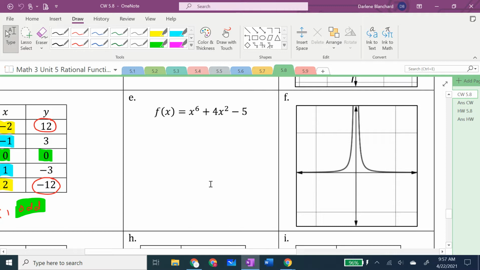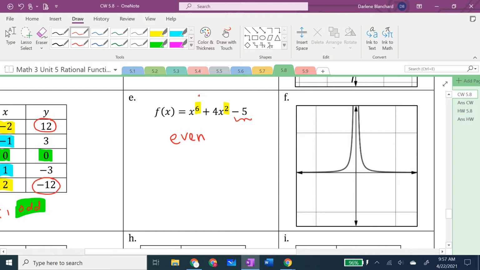Okay, letter E. We're trying to figure out even, odd, or neither. With polynomials, if all the exponents are even, you are allowed to have a lone constant term, meaning you're adding or subtracting a number. That is allowed, and you are still having an even function.